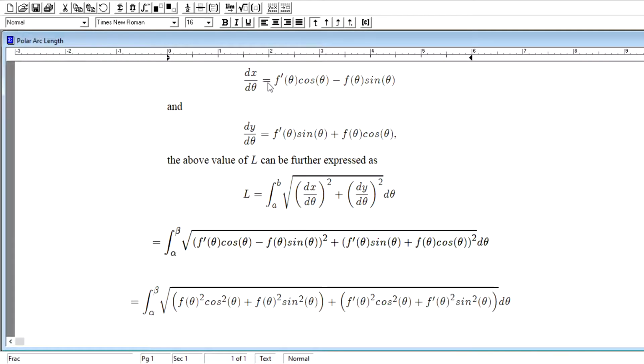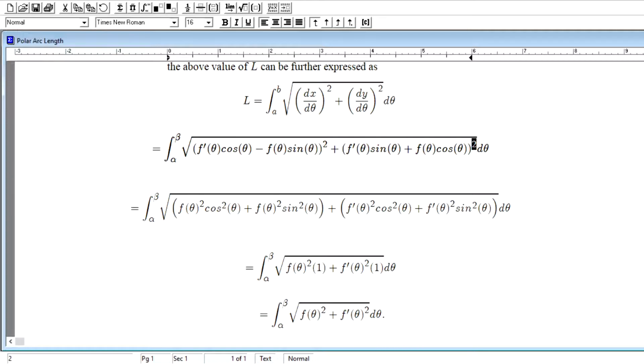When we substitute these quantities into these quantities being squared, we have to square those quantities along the way, and when we square them, we do get some simplification.